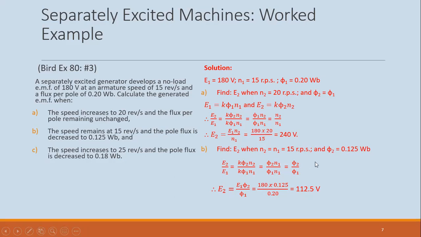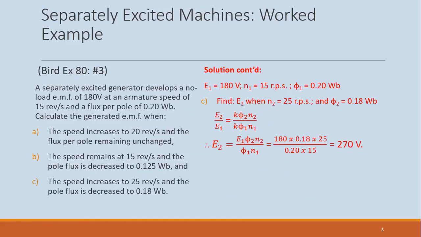All right. And then quickly, let's look at part C. N1 is 15, phi 1 is 0.2, N2 is 25, phi 2 is 0.18.